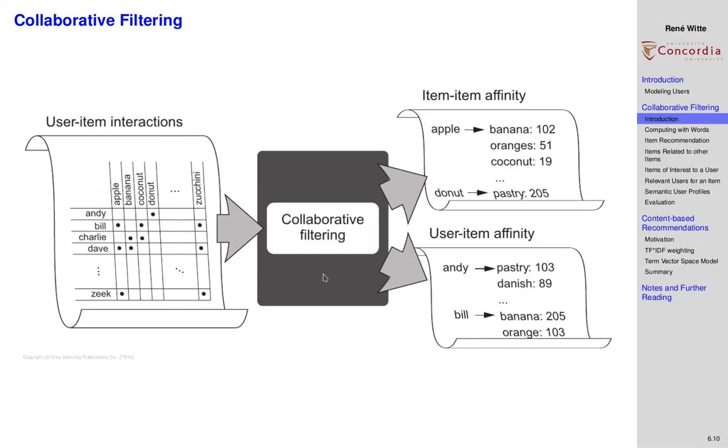And then we run this through some techniques, and we can do various recommendations based on this. For example, you can find out which items are related to other items. So a user who liked apples also likes bananas, based on similar interactions here. And you can also find a user-item affinity. So for a user, which are the most liked, interacted with items.